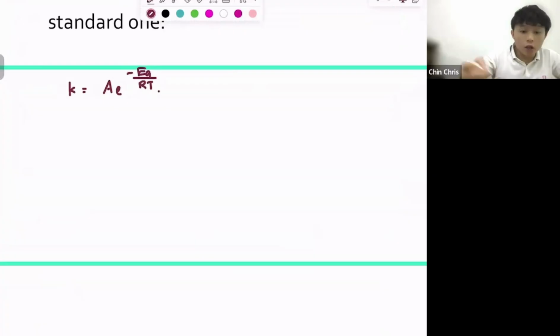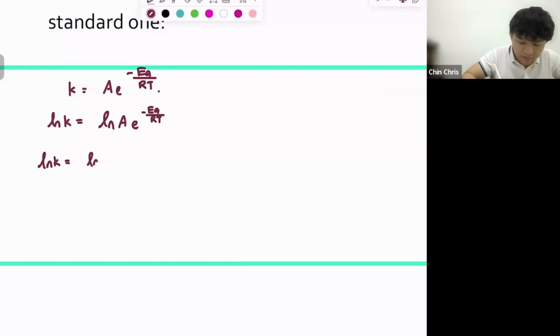So I can log both sides. If I log both sides, what do you get? Log k equals log of A e to the negative Ea over RT. In logarithm, multiply is plus, correct? Log A plus log e to the negative Ea over RT.